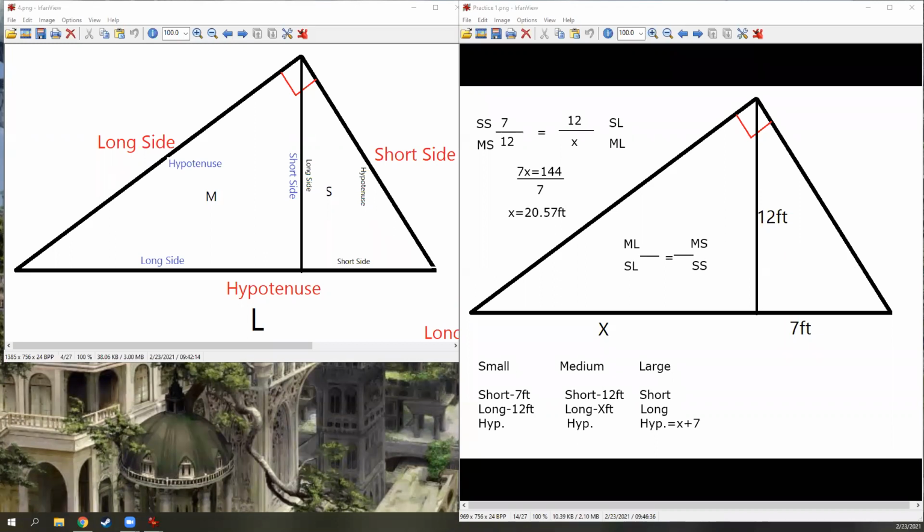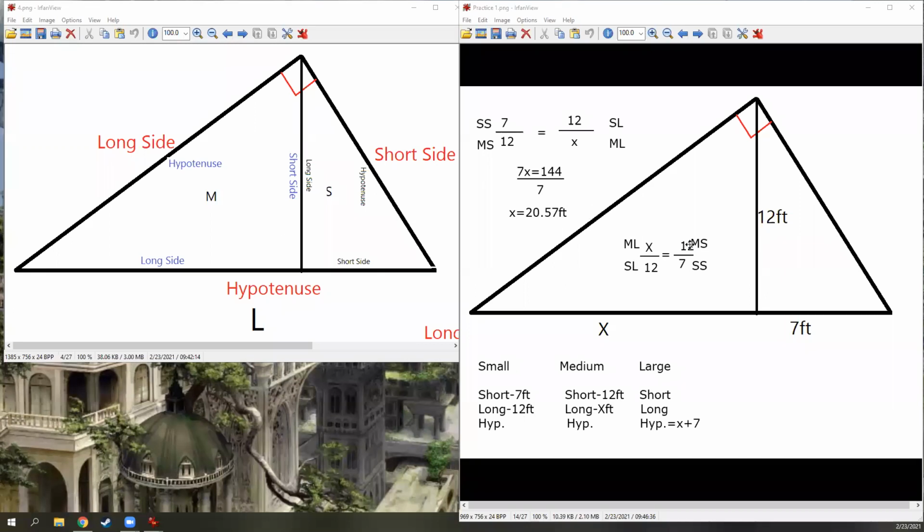There we go. So medium triangle's long side is x over small triangle's long side is 12. Medium triangle short side is 12. Small triangle short side is 7.